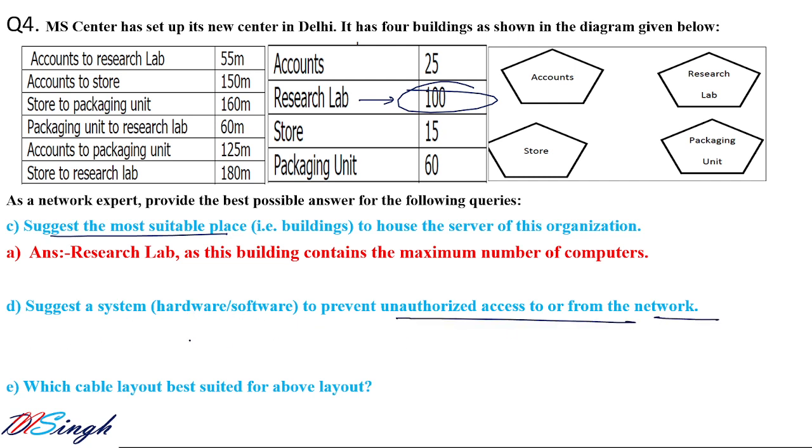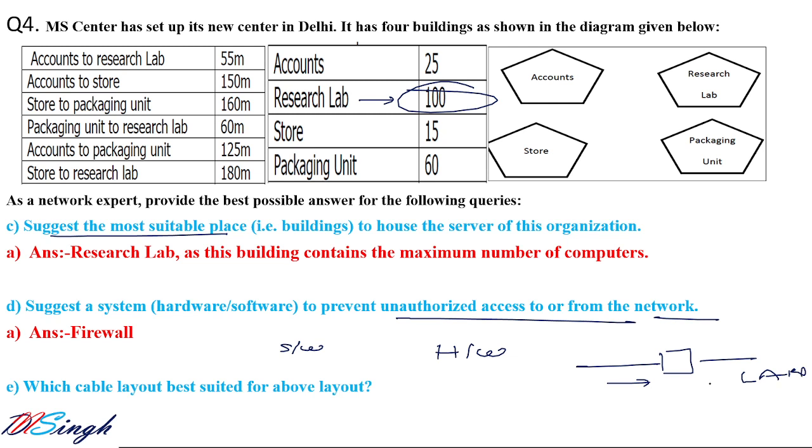So here you have something called a firewall, which can be in the form of software or hardware. So hardware, like you can make a single choke point and put a PC there, so all traffic incoming to your local area network must be monitored, and outgoing traffic can also be monitored.